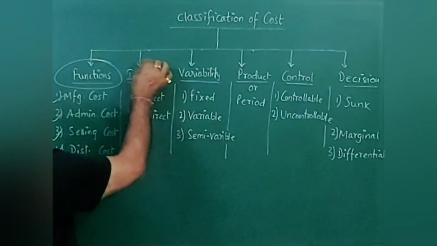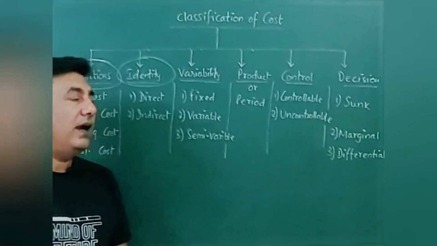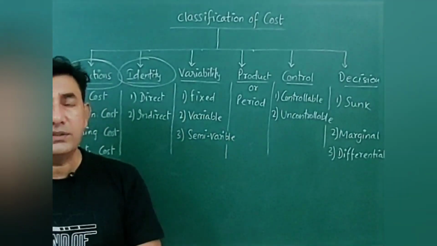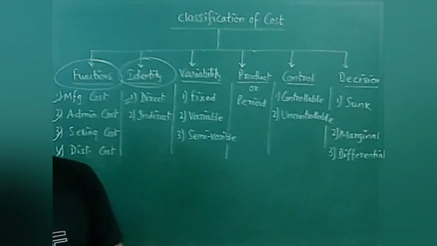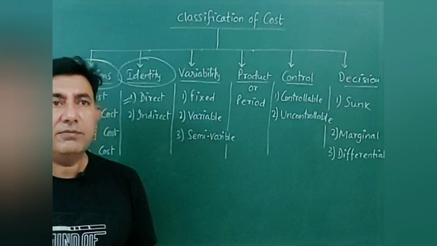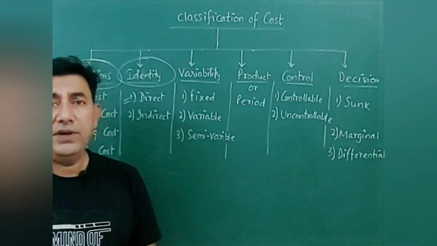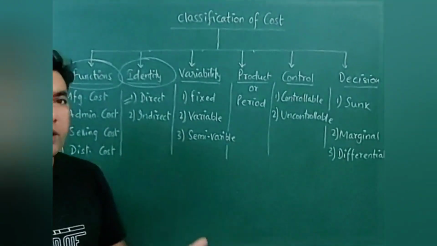The next category is on the basis of identity. On the basis of identity, there can be only two types of cost: direct cost and indirect cost. Direct costs are directly related with manufacturing or producing a product or service, like for example, cost of raw materials. If you want to manufacture a product, you need to buy raw materials, so that is your direct cost.